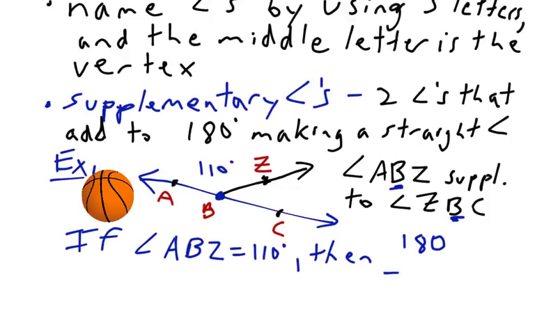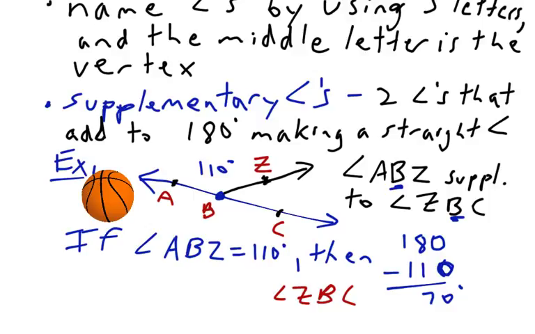I just called that 110. So take away 110 from 180, and we're left with 70. There we go. So 70 degrees is what angle ZBC must be. All right, so that sums it up for supplementary angles.